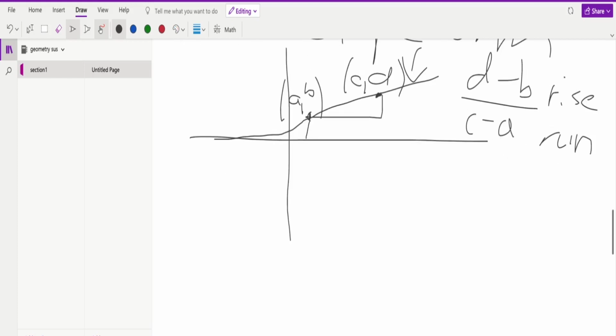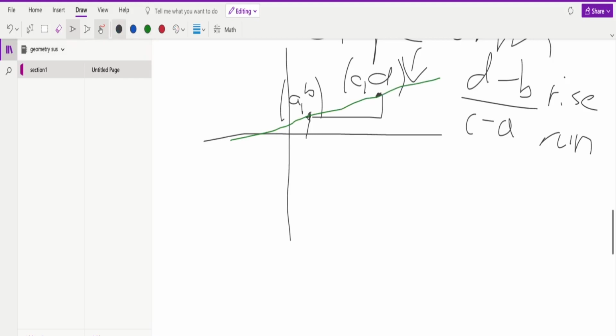So let's say in this line right here, the slope is here. Let me highlight the line real quick. You just redraw that. So I will erase this. Here's our x-axis, our line.